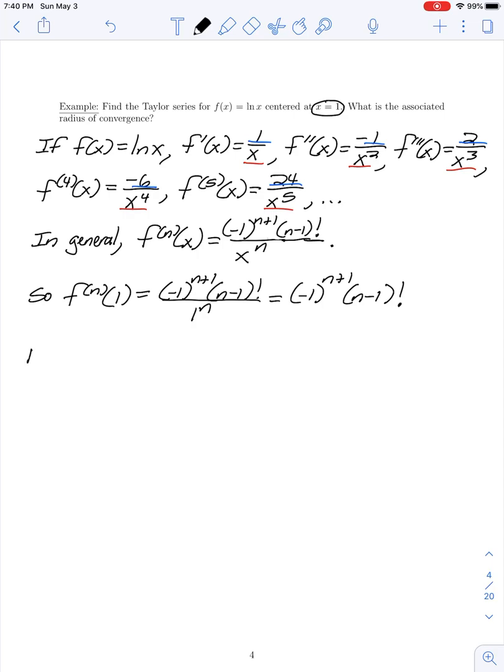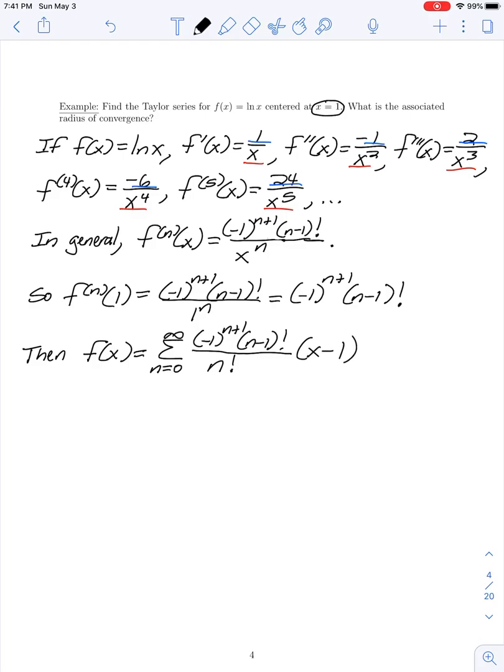So once we have this expression, we can substitute into the formula for our Taylor series, and we have f of x would be the sum from n equals 0 to infinity of -1 to the n plus 1 times n-1 factorial divided by n factorial, all times x minus a, which in this example a was 1, raised to the nth power.